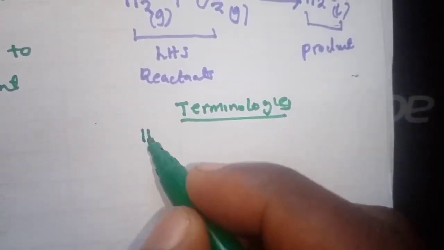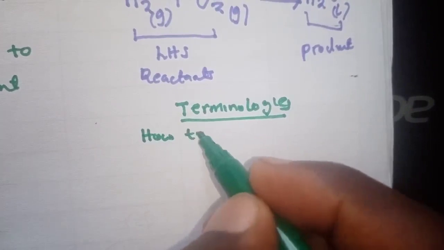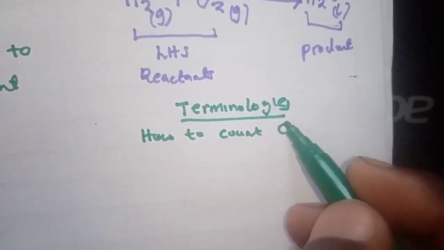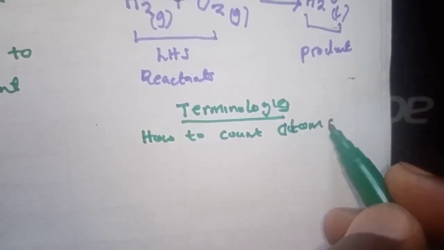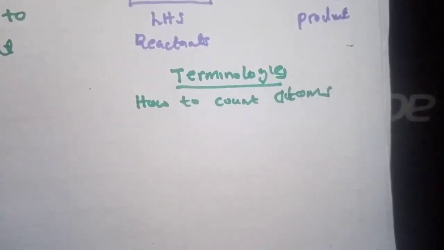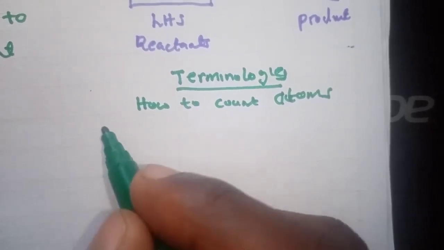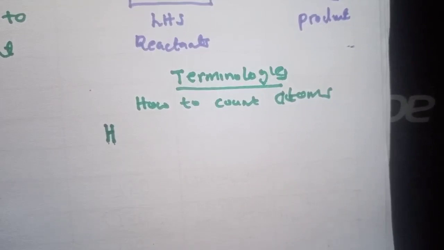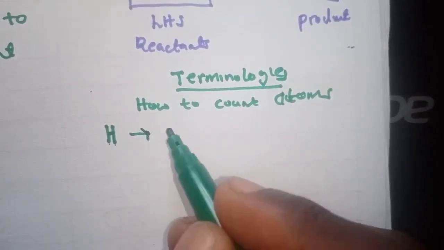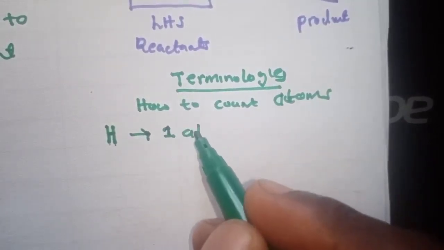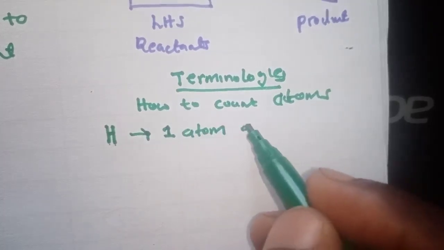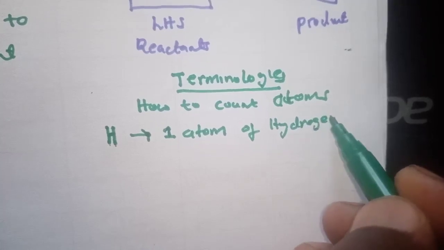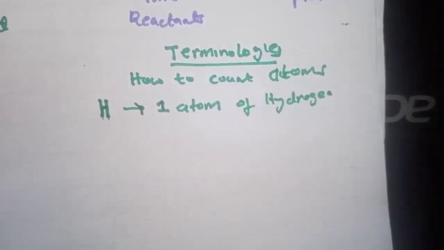So how do we count atoms? We'll start like this. If I write hydrogen like this without anything, we say it's one atom of hydrogen.